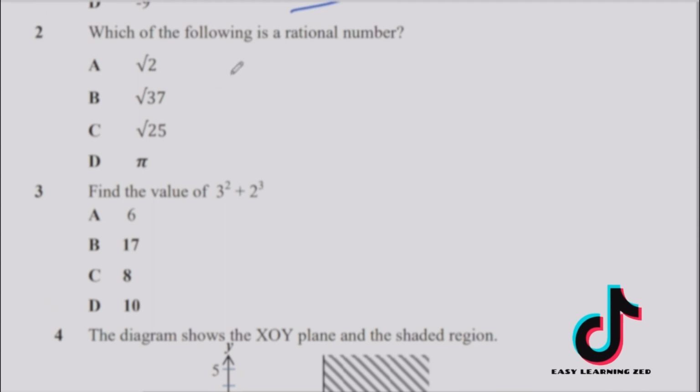So the question number 2 is, which of the following is a rational number? A rational number is a number that can be expressed as a fraction or ratio, and its denominator, when it's expressed as a fraction, is not 0.